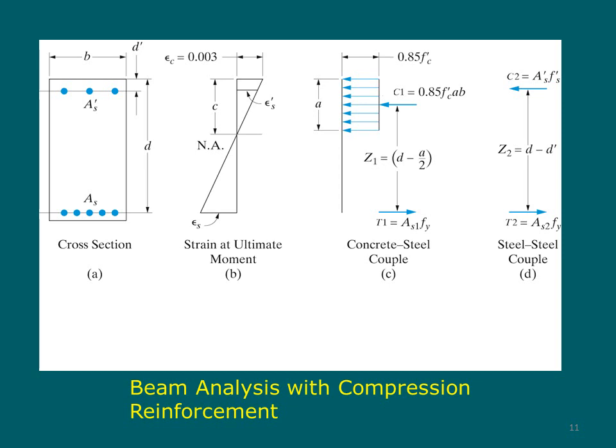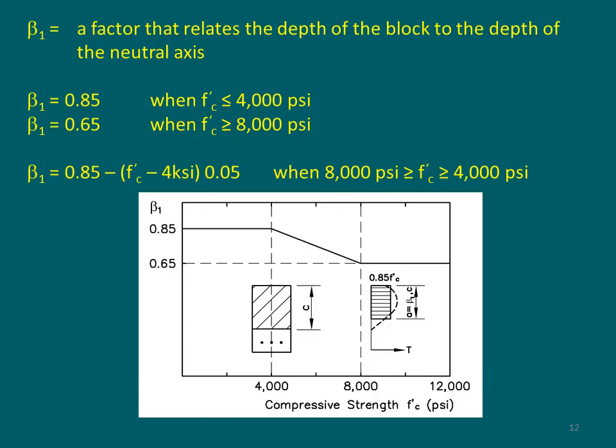Z2 is going to be equal to the depth d subtracting the depth of the compression reinforcing, which is d prime. So it's going to be equal to d minus d prime. Now if you'd like to determine the nominal moment, it is going to be equal to T1 multiplied by Z1 plus T2 multiplied by Z2. Now to determine B1, you can use this slide.